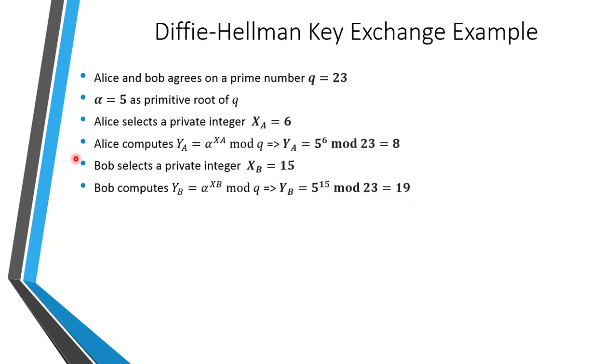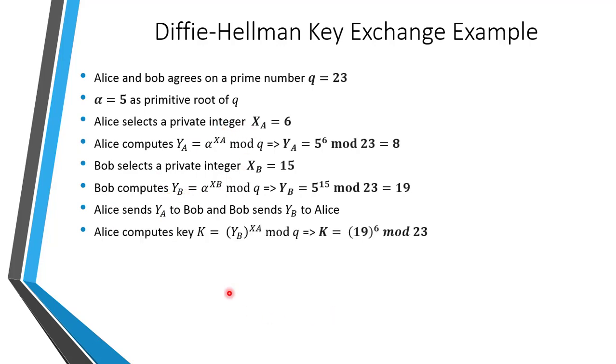Now Alice and Bob exchange their public keys, that is, YA is given to Bob and YB is given to Alice. So now Alice computes the key using that public element, that is K equal to YB, which is here 19.